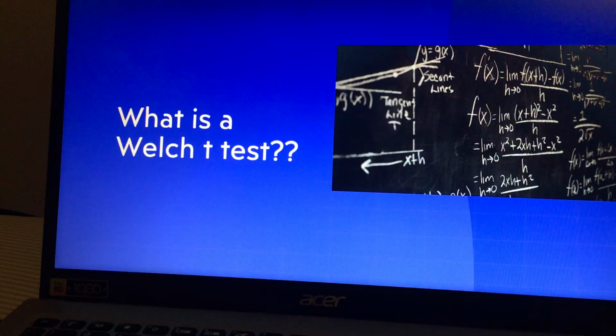The second difference between the Welch and the student test is that the degrees of freedom are calculated in very different ways. In the Welch test, the degrees of freedom doesn't have to be a whole number anymore, and it doesn't correspond all that closely to the number of data points minus the number of constraints, which is the heuristic that we've been using up to this point.